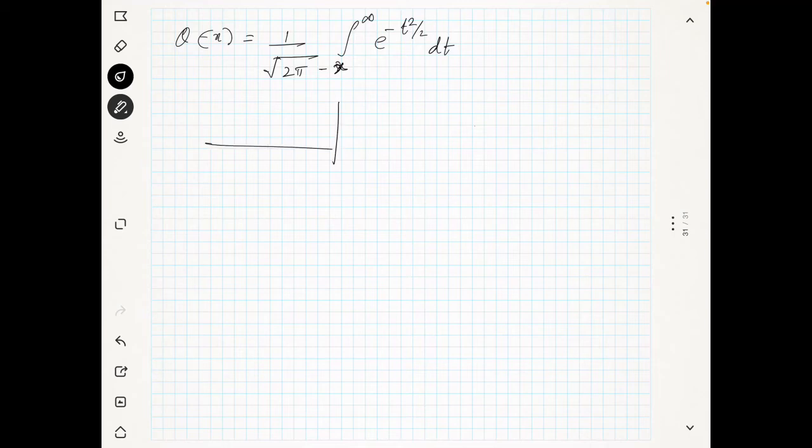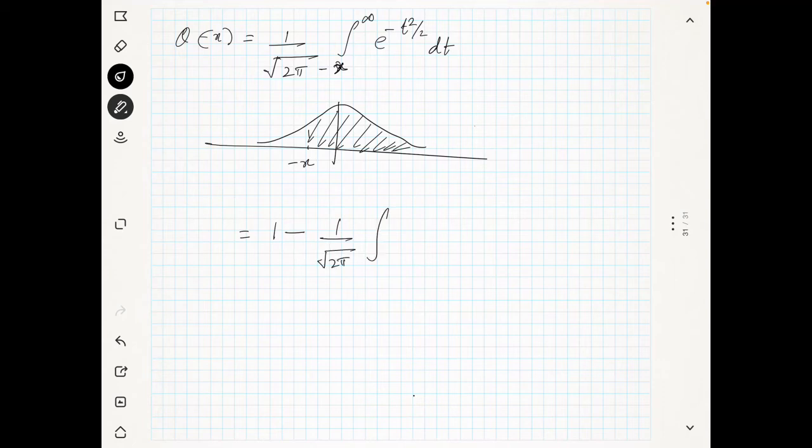That means you can see this is changing from minus x here to infinity. So you can write it as 1 minus this area, right? Because the total area is 1 anyway, so you want only this area.